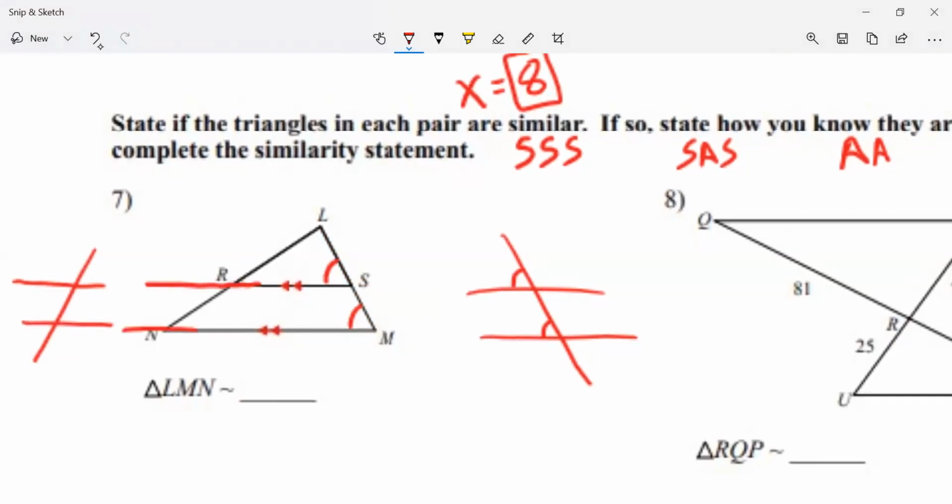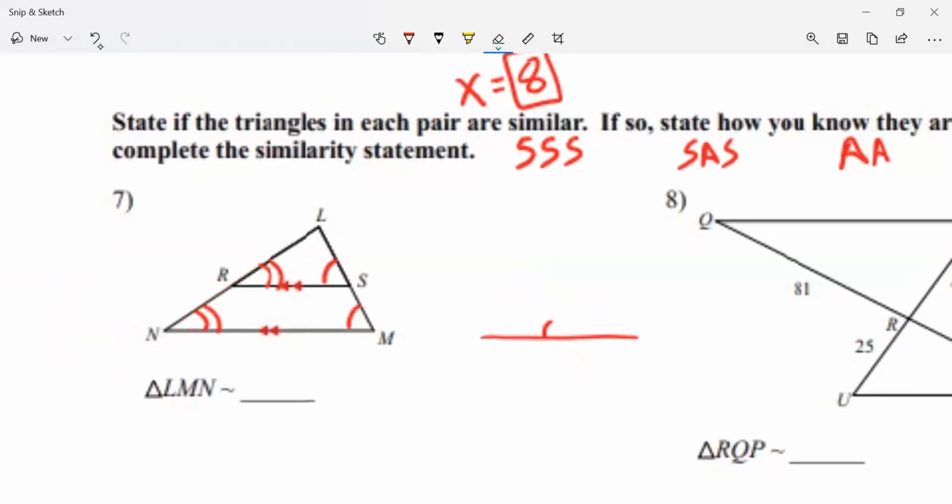Let me look at it this way, like here. I'm going to say this angle, I'm going to do it with two arcs because it's the second angle that I marked. This angle is equal to this angle. Let me erase these things right here. Okay. If you notice, there are two triangles that I'm looking at here. Let me highlight one in blue.